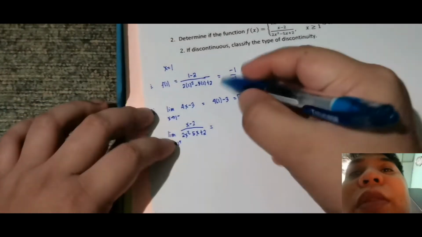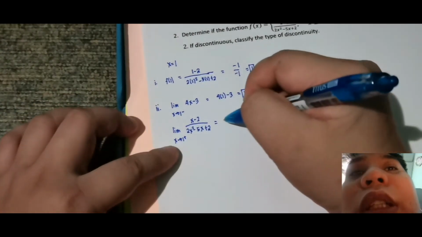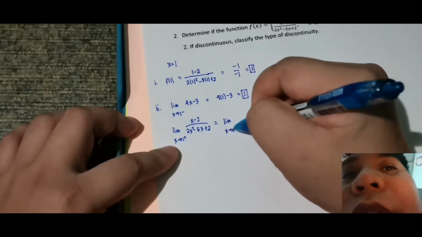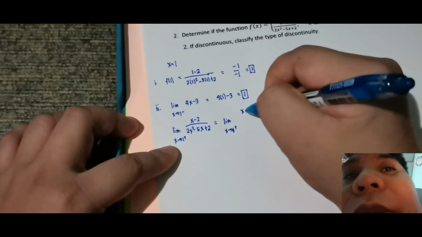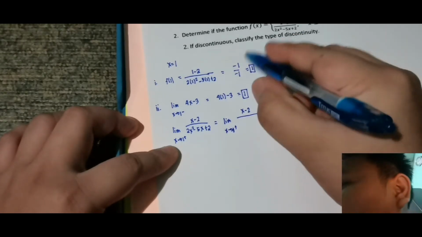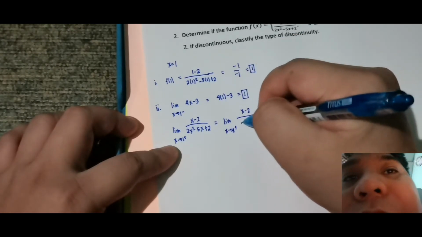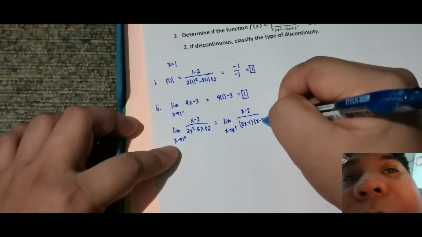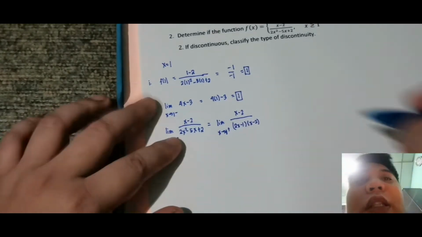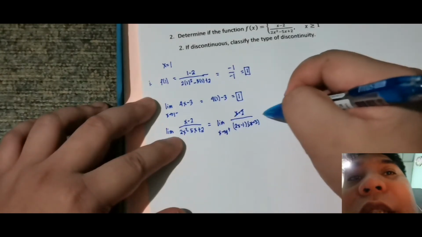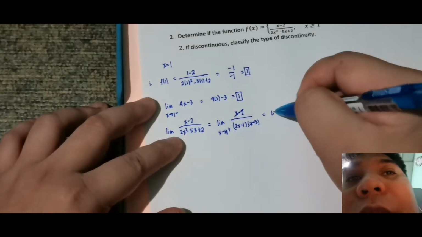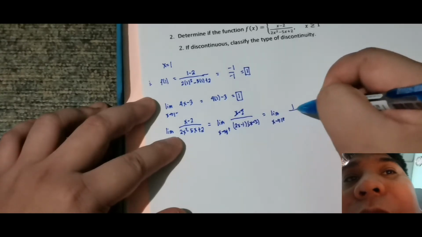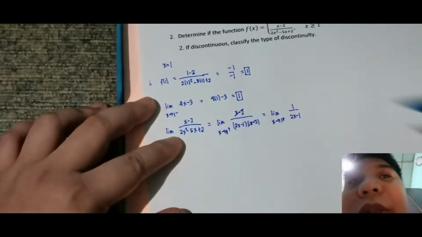Upon checking, ito yung factor niya: limit as x approaches 1 from the right ng x minus 2 over 2x minus 1 times x minus 2. Cancel, this is equal to the limit as x approaches 1 from the right ng 1 over 2x minus 1.